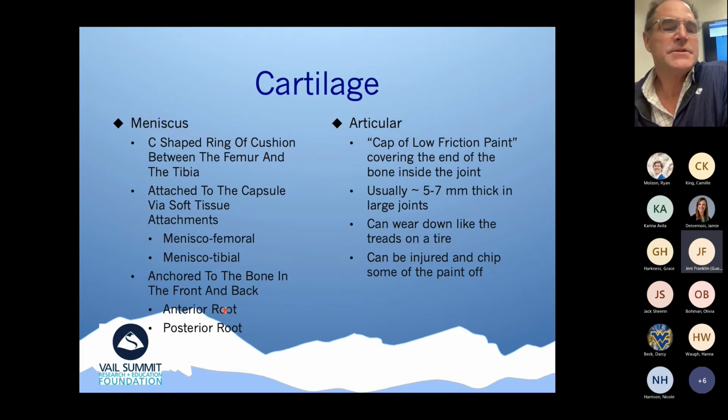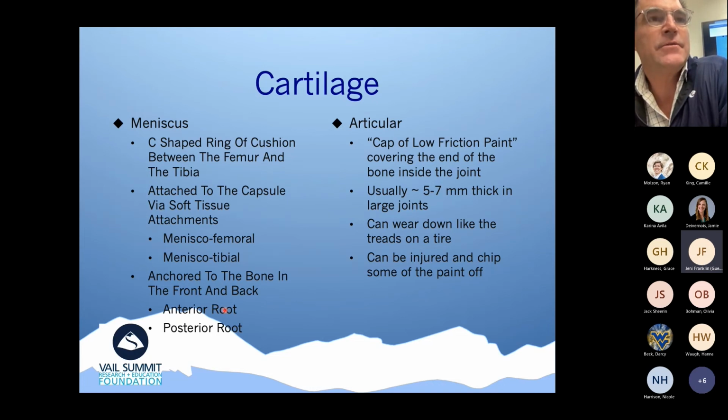So the meniscus is a C-shaped ring of cushion between the femur and the tibia. It's attached to the capsule via soft tissue attachments all around that full C that we looked at, the meniscotibial, the meniscofemoral. Those are all just capsular expansions. And you can see we're naming things in several different ways for the same type of tissue.